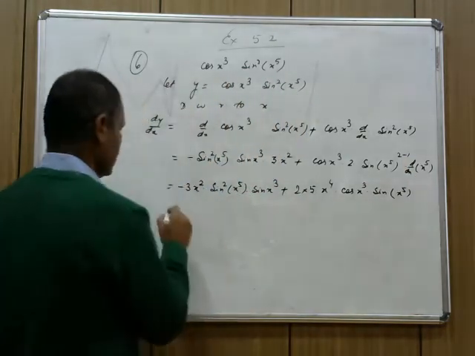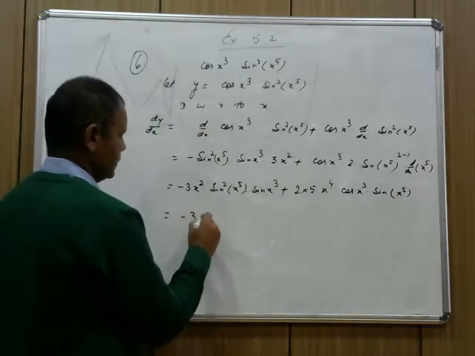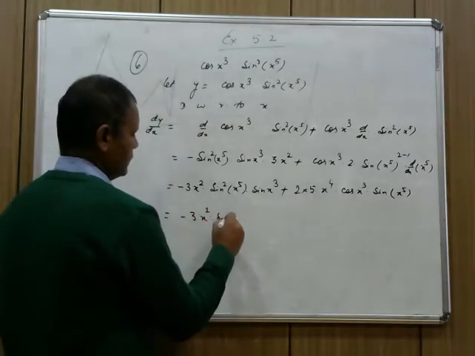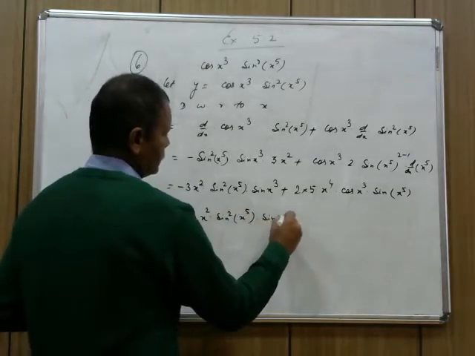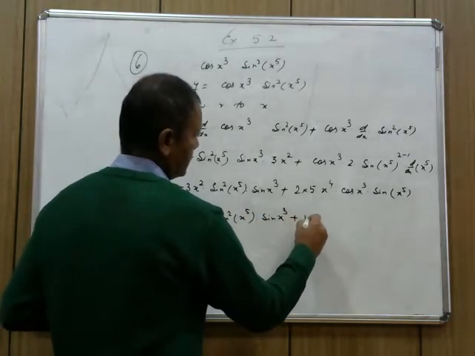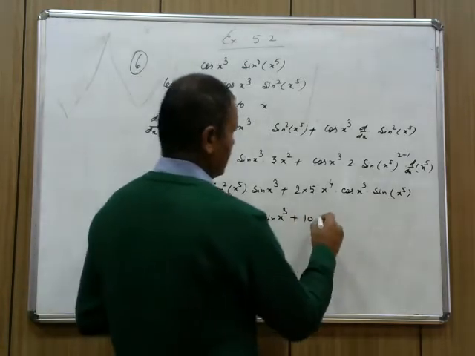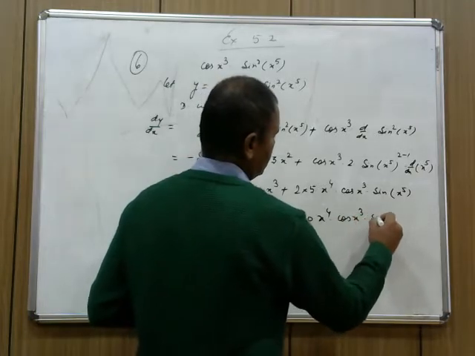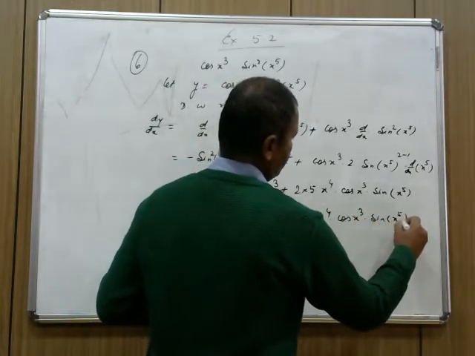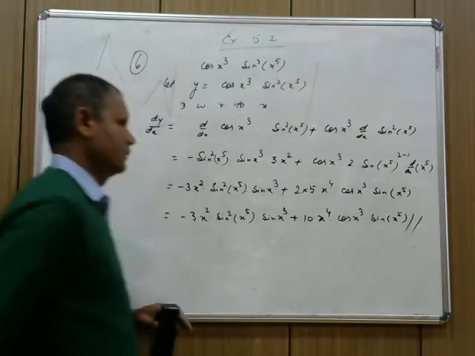Now I write the final answer: minus 3x square into sine square x to the power 5 into sine x cube plus 10 x to the power 4 into cos x cube into sine x to the power 5. Right.